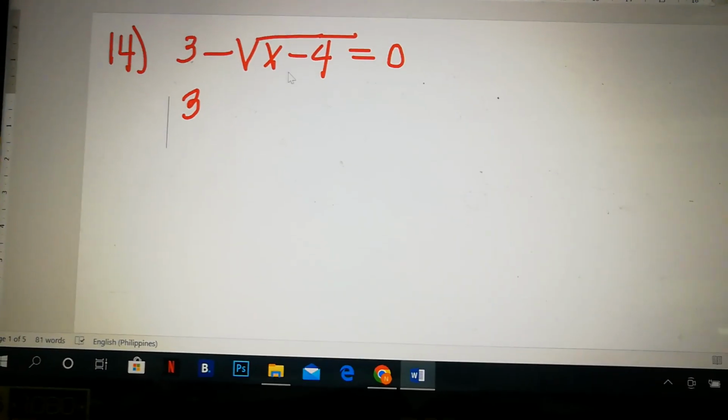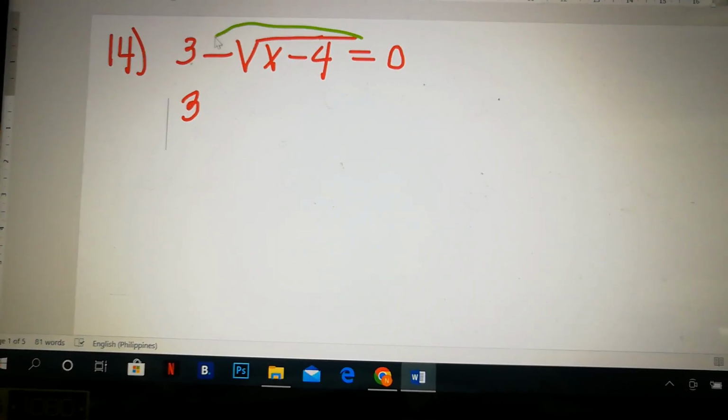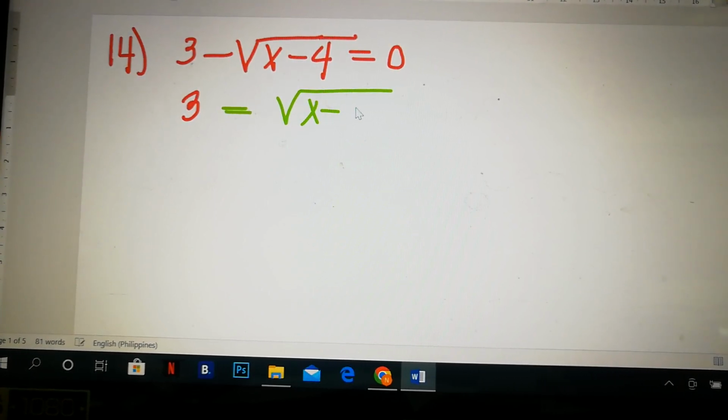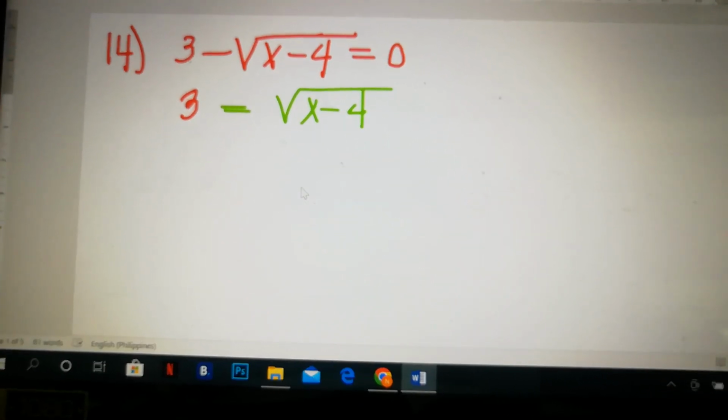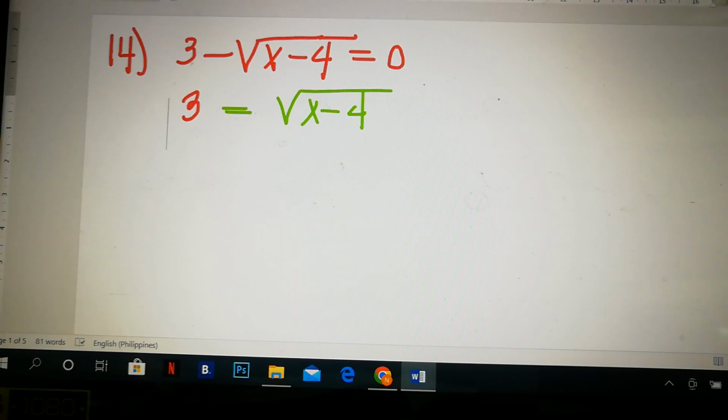Since this is negative, you transpose it to the other side of the equation and make it positive. So that is now 3 equal to square root of x minus 4. To remove the radical, we need to square both sides of the equation. So 3 squared is equal to 9, and square root of x minus 4 squared is equal to x minus 4.